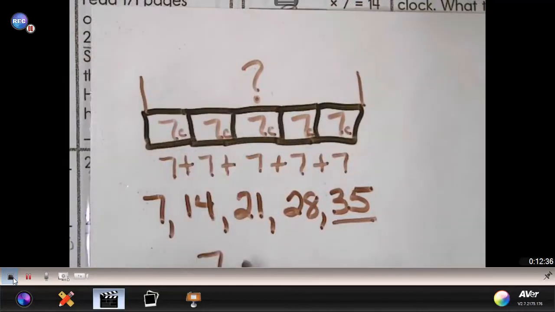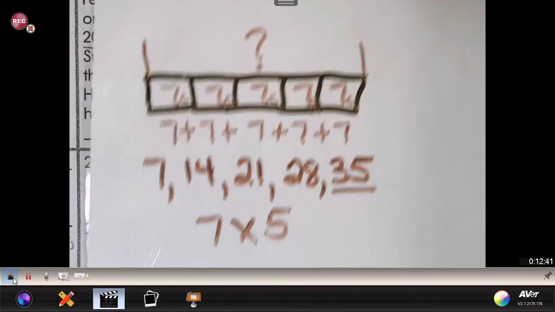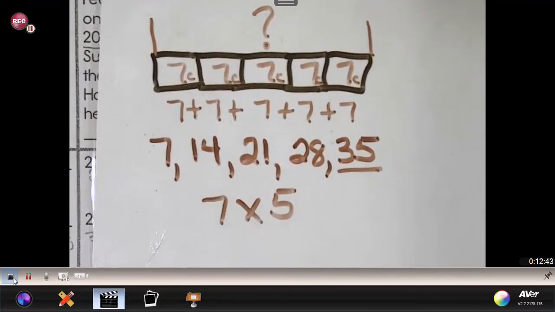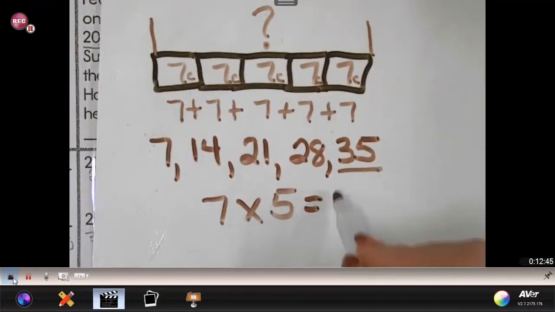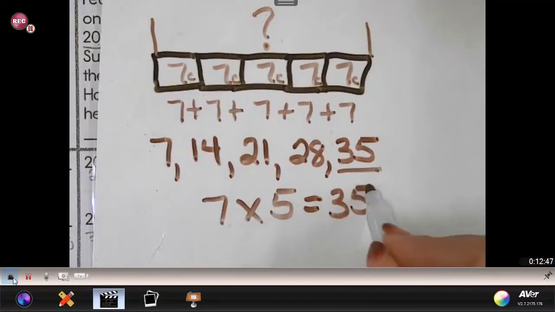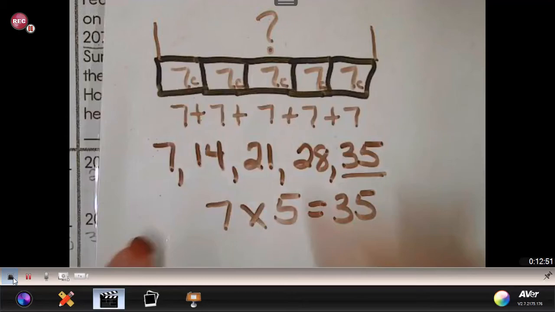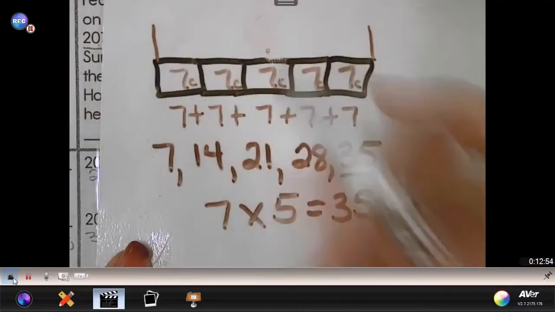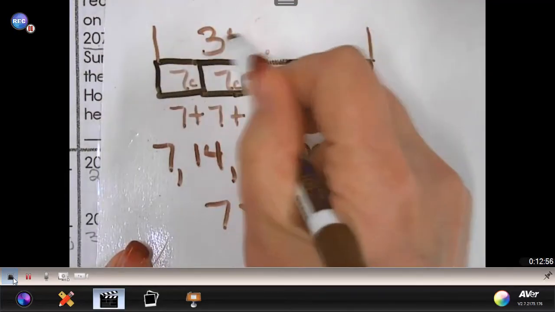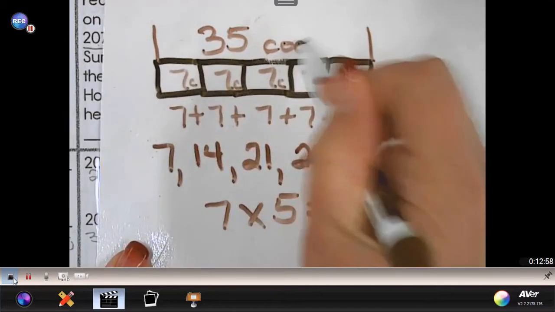So instead of saying 5 times 7, we could do 7 groups of 5. And if we did 7 groups of 5, we count by 5s, and we would know that that's also 35. So many different ways to think about this, but in the end, we know that we're going to have 35 cookies.